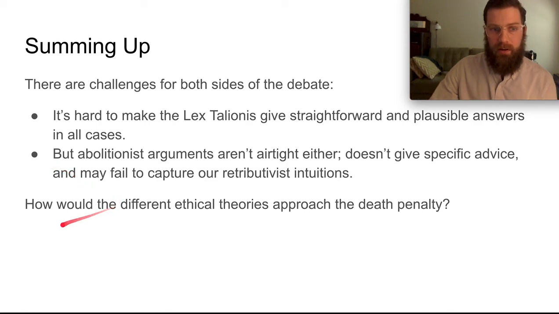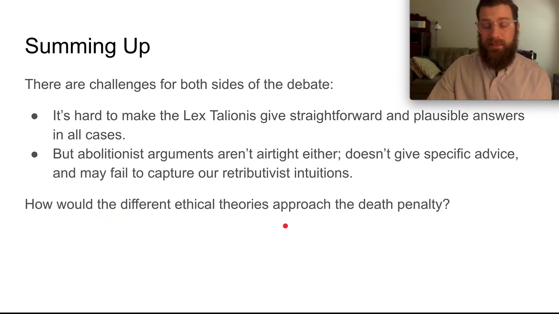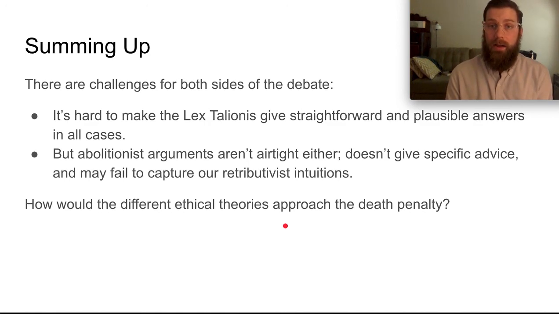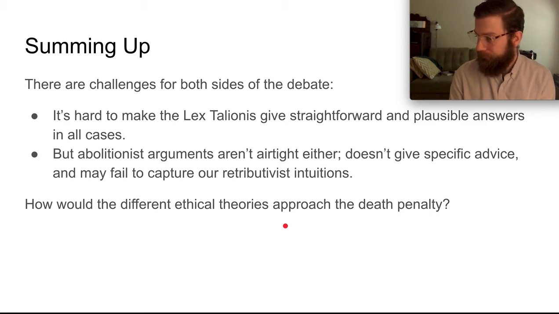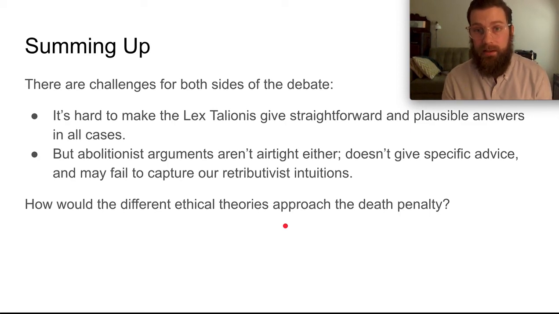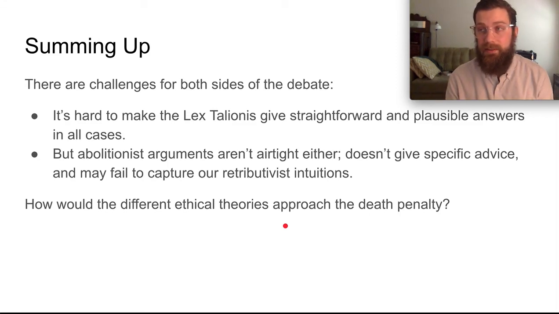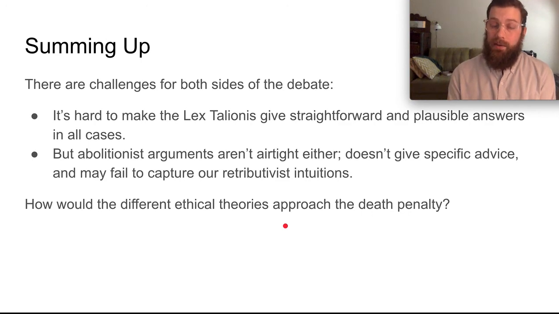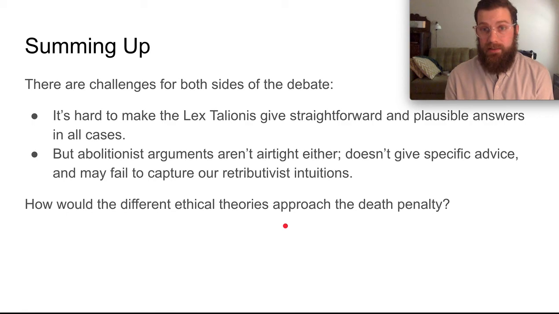So we've been arguing sort of on deontological grounds so far. You might start thinking about how other ethical theories might work through these questions. So you might think about how a utilitarian would want to think about the death penalty. On the one hand, they might say, there might be considerations involving deterrence that favor the use of the death penalty.